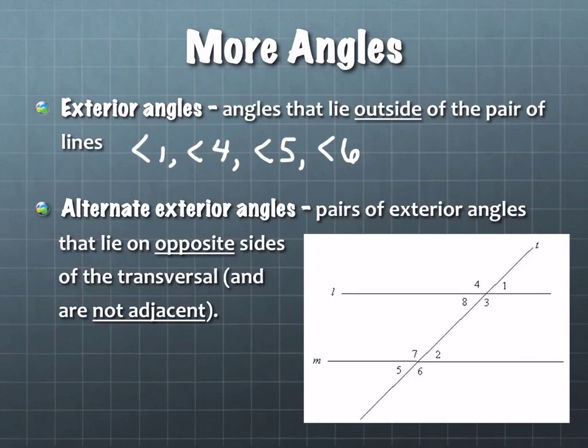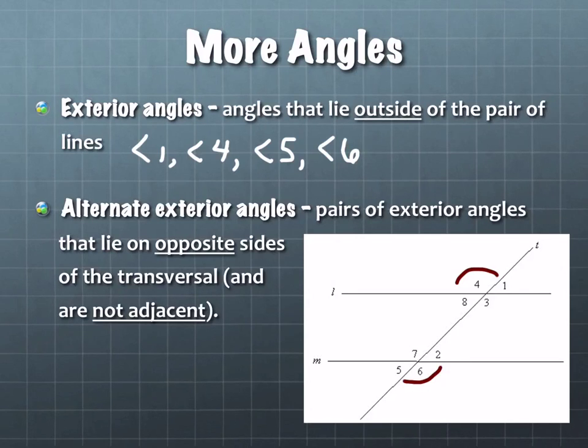Much like we did alternate interior angles, we can do alternate exterior angles as well. So in this diagram, if 4 is one of my angles, 1 is on the opposite side of the transversal, but it's adjacent, so that's not correct. But on the other opposite side of the transversal, exterior, would be angle 6. Okay, is everybody with me?